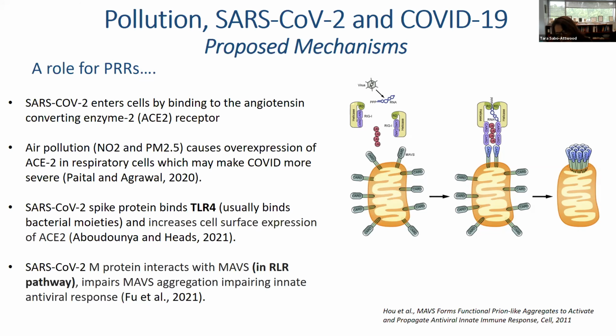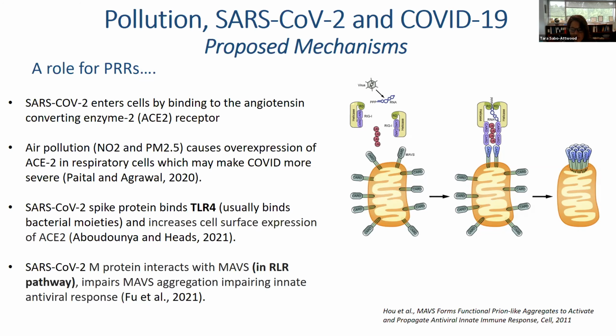And the result of this is that there was increased cell surface expression of this ACE2. So now here, between these two studies, and they're separate studies, we can start to maybe connect exposure to air pollution entities and alteration of normal receptors that viruses use to get into cells and these pattern recognition pathways.